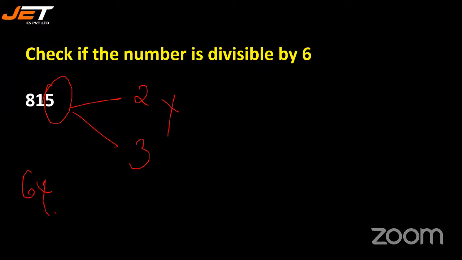So over here, 2 and 3. Do you think it's divisible by 2? No, it's not. Why? Because it is ending with an odd number. And if it's ending with an odd number, that means it is not divisible by 2. So it is not divisible by 6 as well.